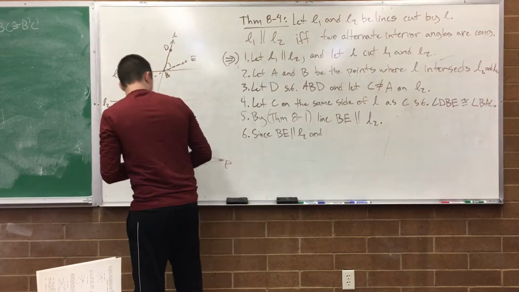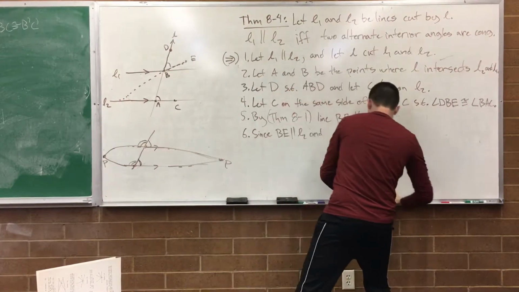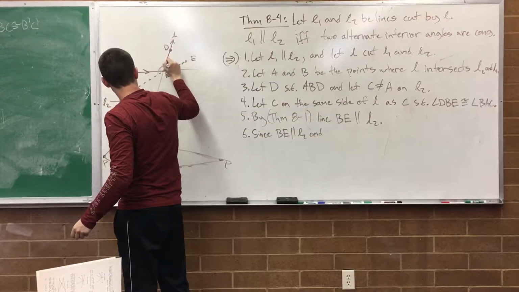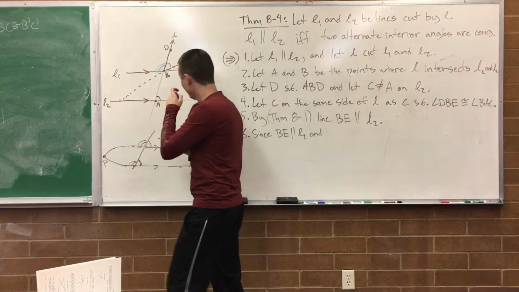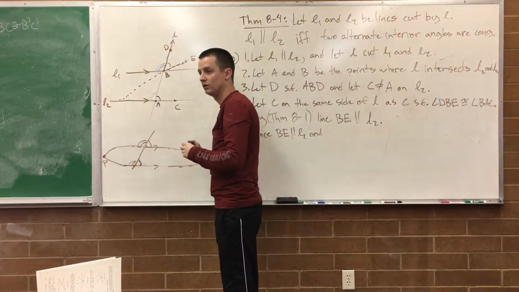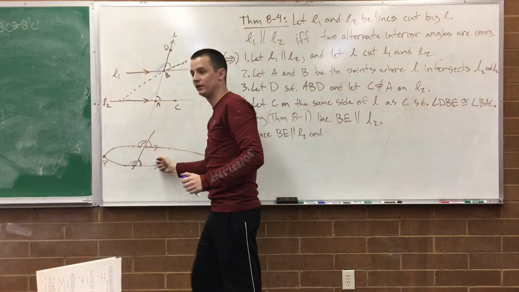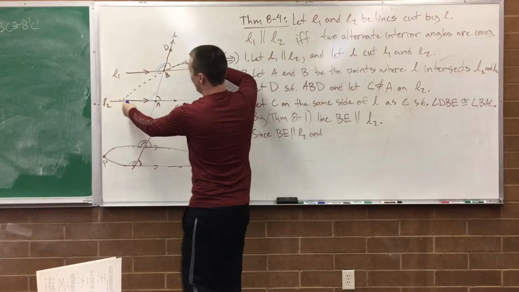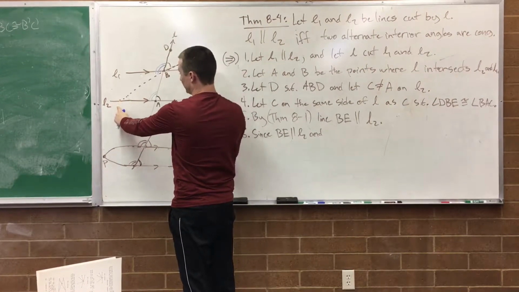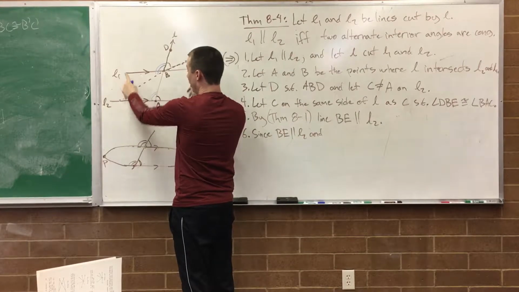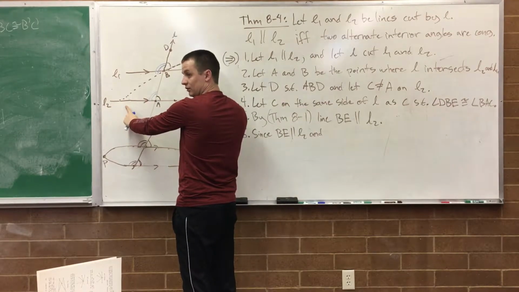So the supplement of this, let's pick a different color to help you see this, the supplement of this is this angle right here. And it has to be congruent to this angle right here. Same thing we talked about down here. So by this theorem, we already know that this line has to be parallel to this line. And we already know that L1 is parallel to this line.